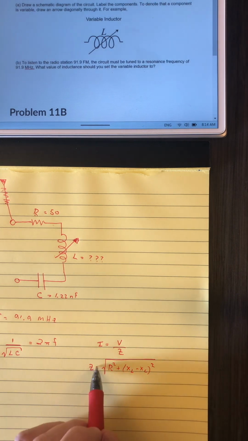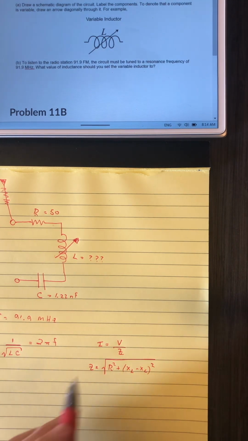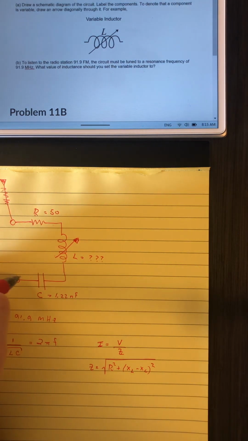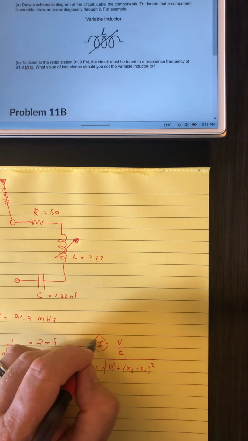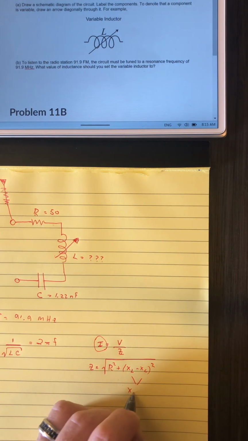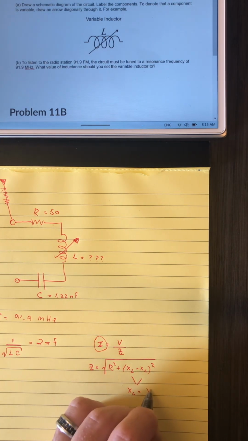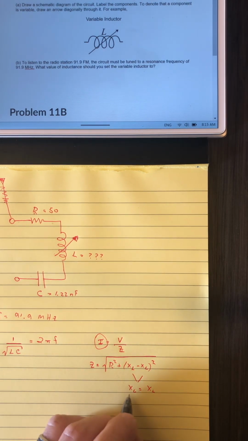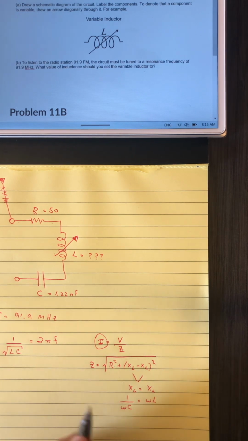Since the impedance is in the denominator, you're going to get your most current, the wave that passes through here, where XL and XC are equal. And so this is the reactance: this is 1 over omega C, and this is omega L.